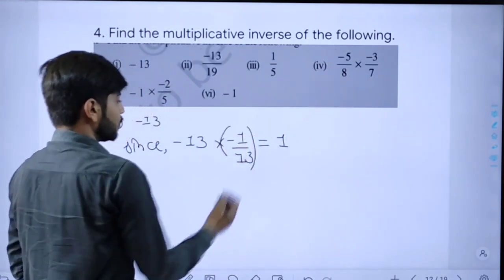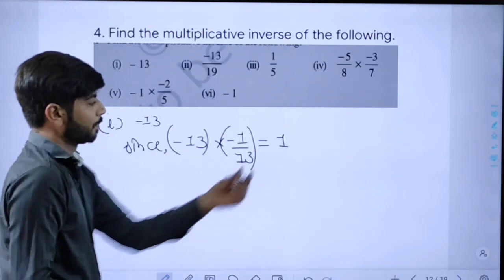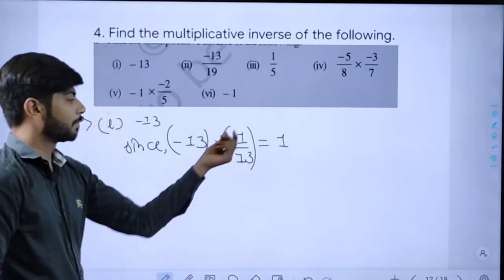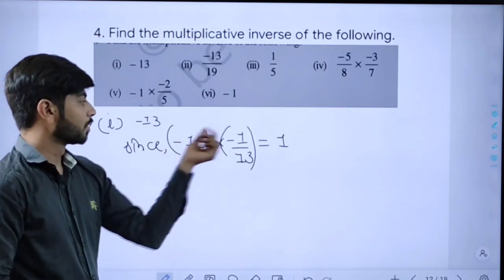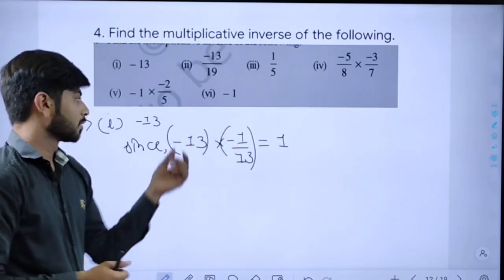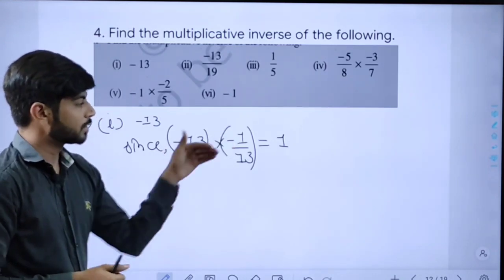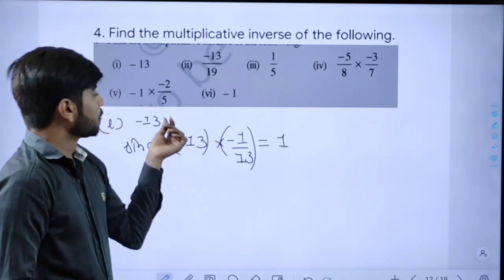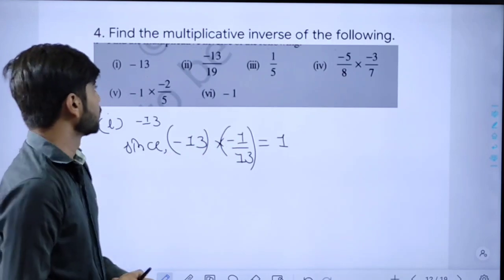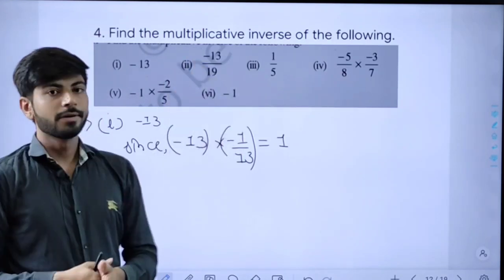To have the answer plus 1, we have to multiply it with 1 upon 13, but we have to give the same sign as the minus 13, because as I have told you, we have to put the same sign as the given number for the multiplicative inverse.